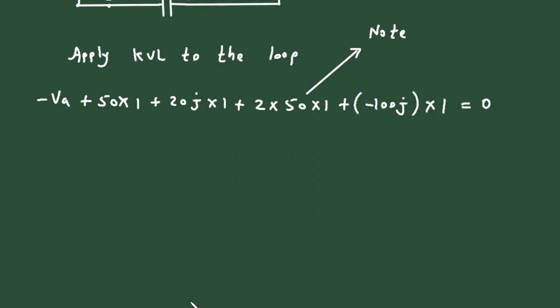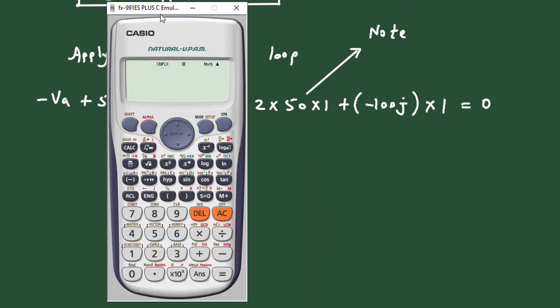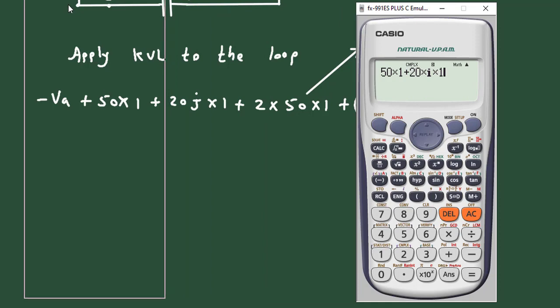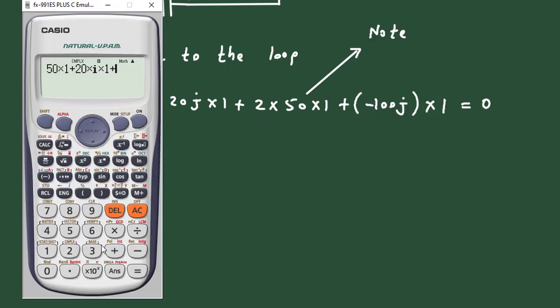Now if we solve this, we get 50 into 1, then plus 20 into j into 1, then plus 2 into 50 multiplied with 1, then plus minus 100 into j multiplied with 1.